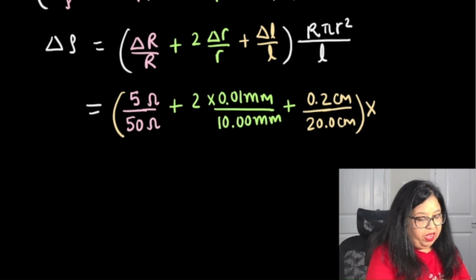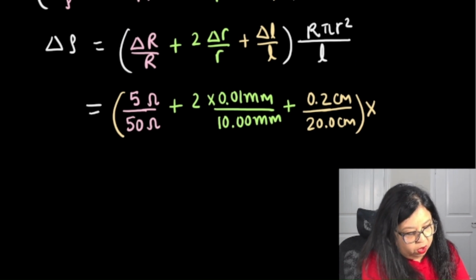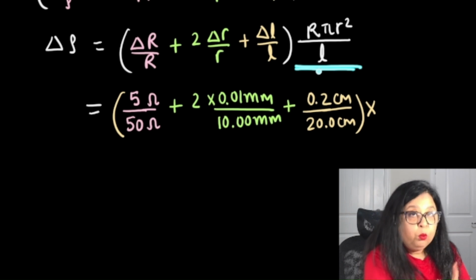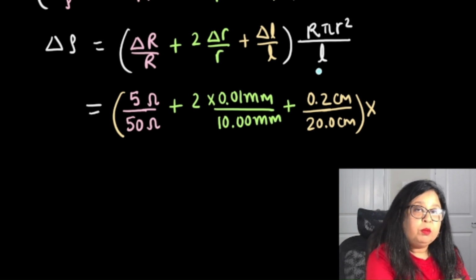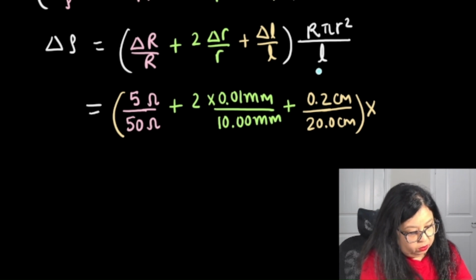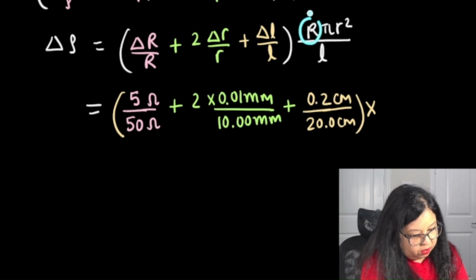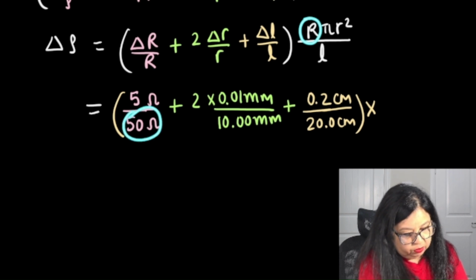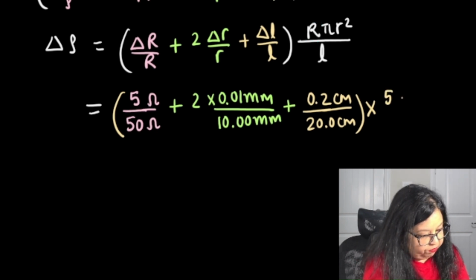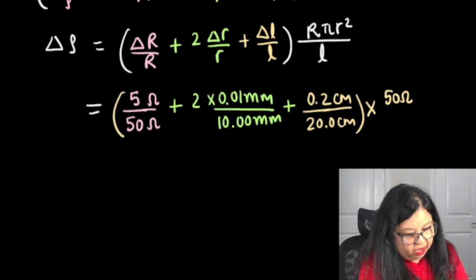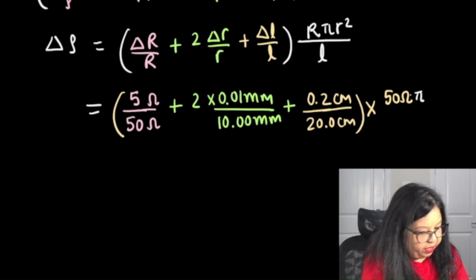Now, when we plug in the values here for the resistivity, we need to make sure to convert them all into SI units. Okay. So R, uppercase R. What is uppercase R over here? 50 ohms. Let's go ahead and write that down, 50 ohms. Then I have pi. Let's leave that as pi.